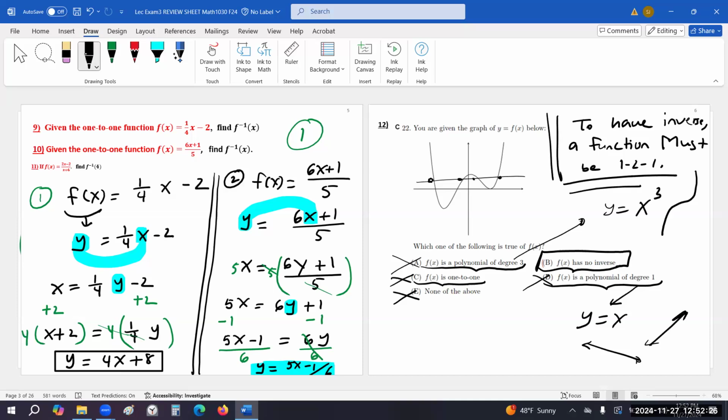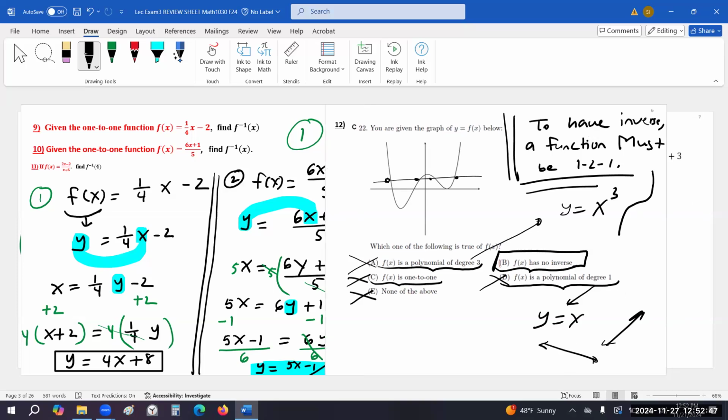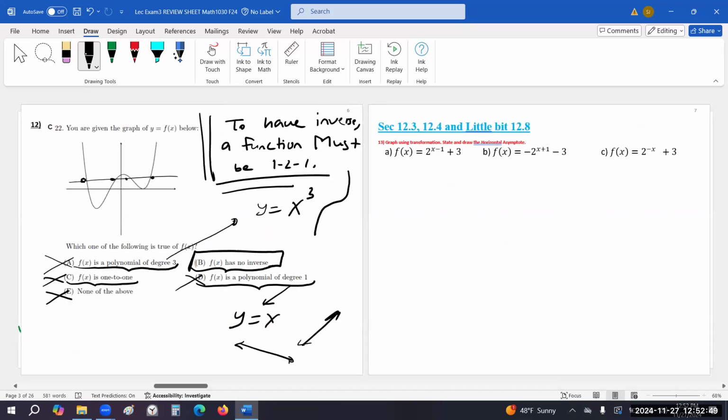That's why we care about being 1-to-1 or not. Because if they are 1-to-1, they have inverse. Those that are not 1-to-1 don't have inverse. And 1-to-1 means for every one x, we have only one y value. For every one y value, we have only one x value. That's why it's 1-to-1. From one number, we are going to that one number only. Okay.